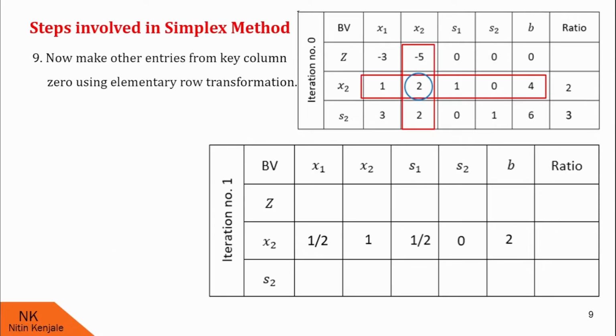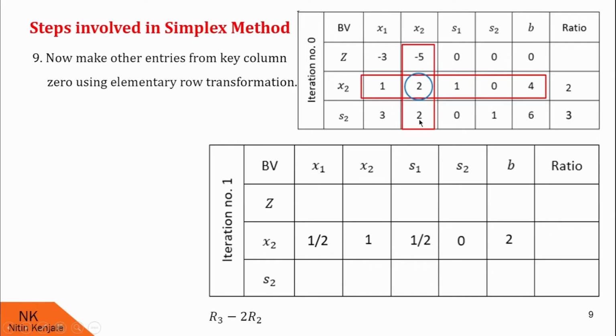Next, we will make other entries from key column 0 using elementary row transformation. First, we will make this entry 0 by using transformation R3 minus 2 times R2. Note that this is not our old R2 now, this is our new R2. And now we have 1 here. Using this 1, I am going to make this 2 0. So the required transformation is R3 minus 2 times R2.